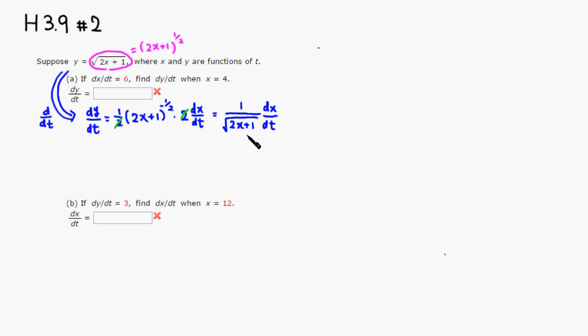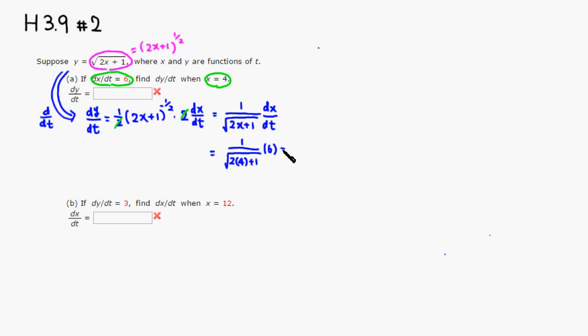Then we just have to plug in what we already know. This is going to be equal to 1 over the square root of 2 times the x value, which is right here. x is equal to 4, so we put 4 there, plus 1, then dx over dt is 6 from here, so we put 6 there.